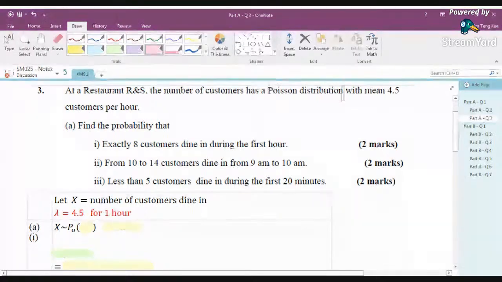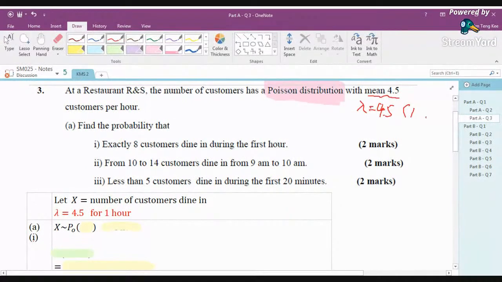Obviously it's a chapter 10 question regarding Poisson distribution. The mean 4.5 tells us lambda is 4.5, and this 4.5, to be specific, refers to the case of 1 hour. They say per hour, that means 4.5 for 1 hour. If later in our discussion it's not about 1 hour, then we need to adjust the lambda accordingly.